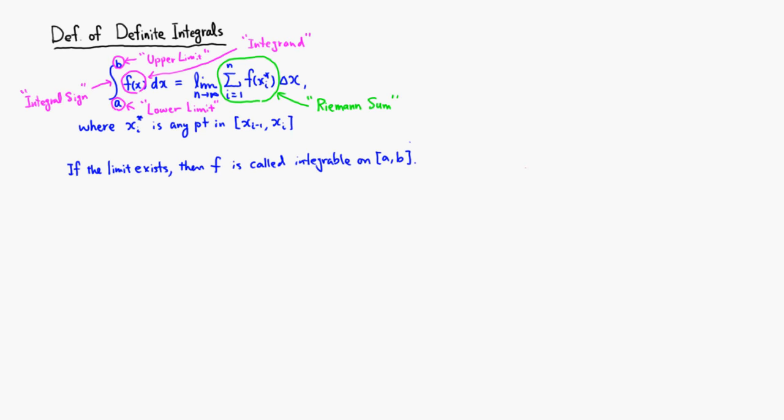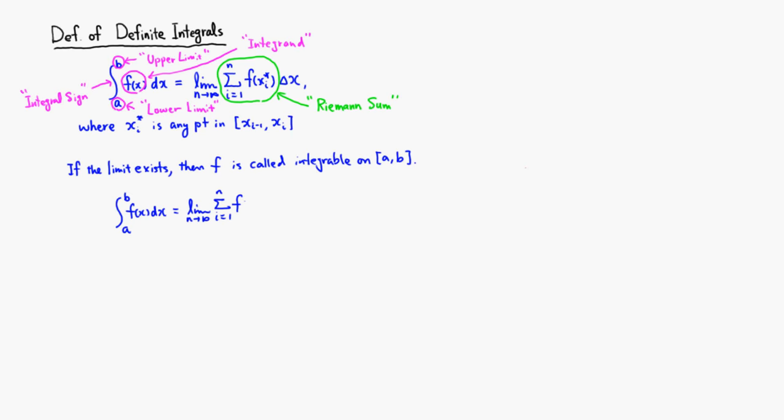And for ease of notation, a lot of times when you actually compute a definite integral using this definition, we almost always use the right sum, so that it looks like this. Everything is the same, and the summation i goes to n.